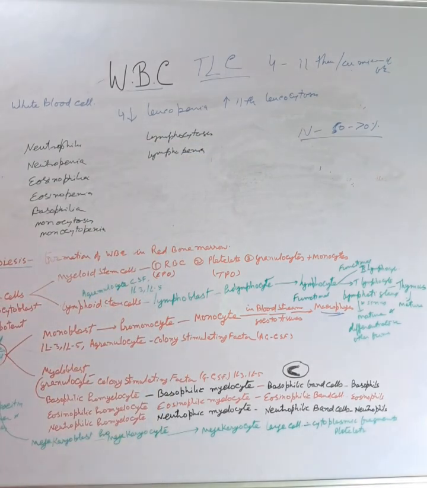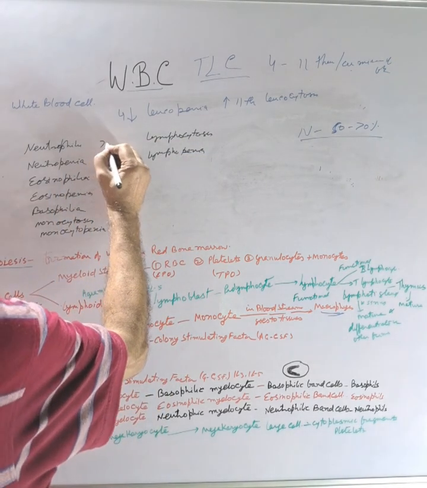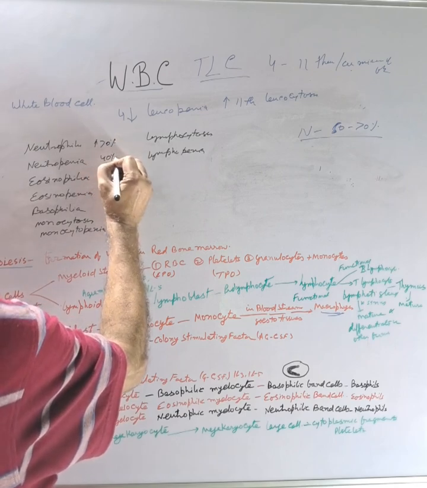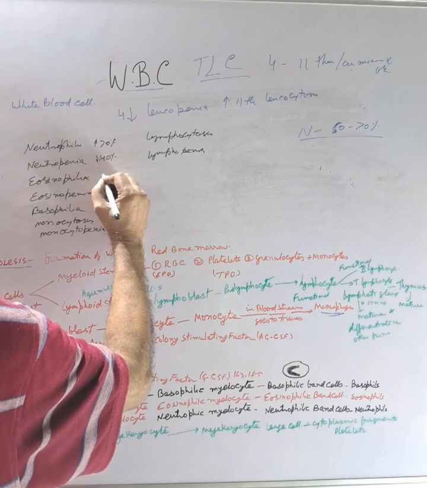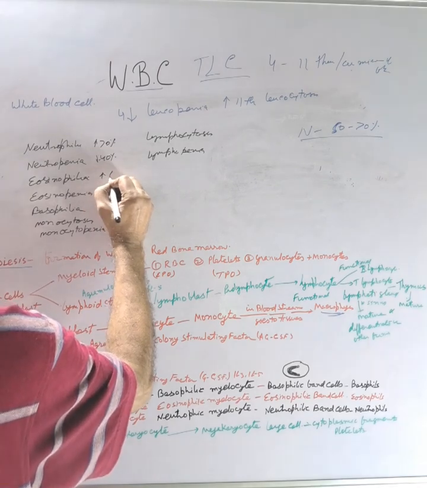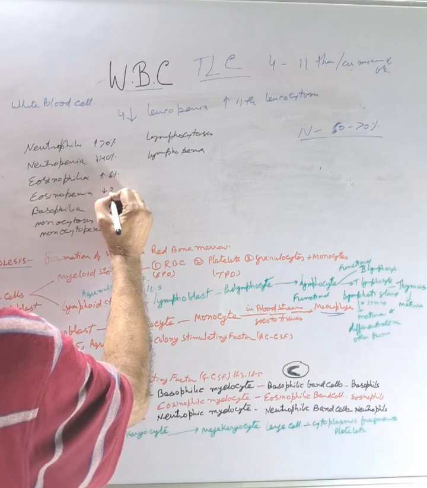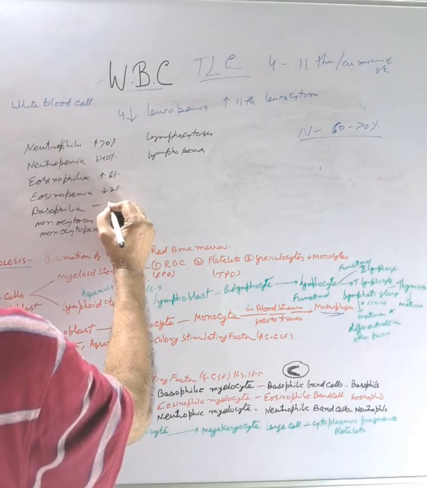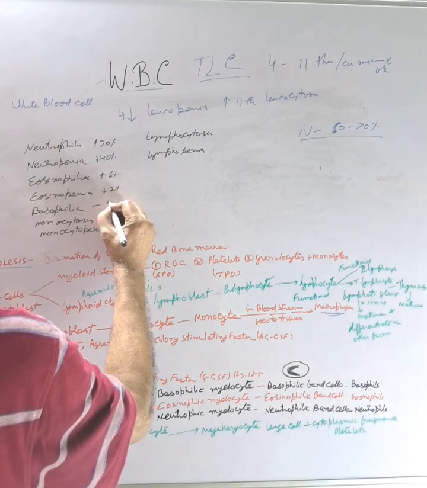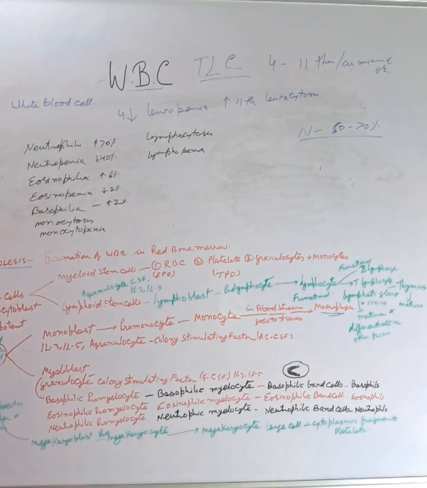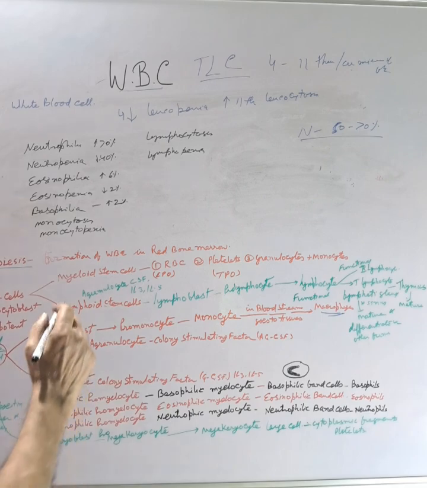Neutrophilia means neutrophil count is more than 70%, neutropenia less than 40%, eosinophilia more than 6%, eosinopenia less than 2%, basophilia more than 2%. That is, there is no basopenia because its count is 0 to 2%.